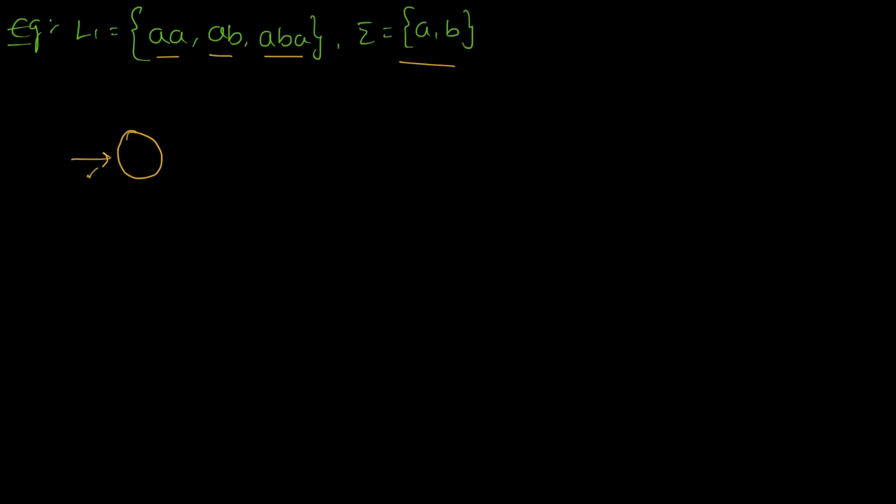So this is our initial state. On seeing A, it goes to another state. On seeing A again, it goes to another state, and we need to accept this string. So this is our final state.